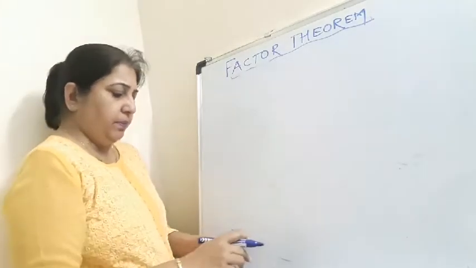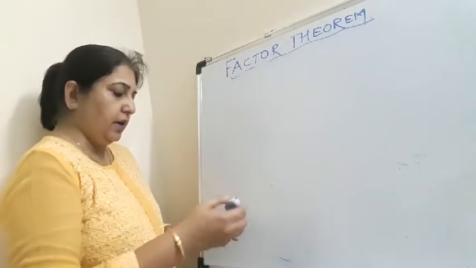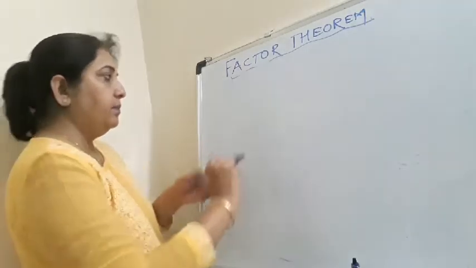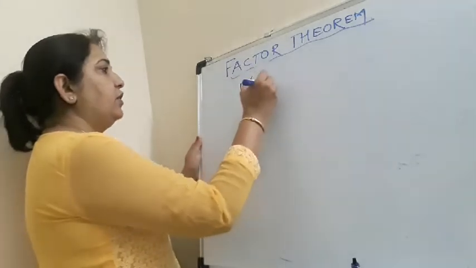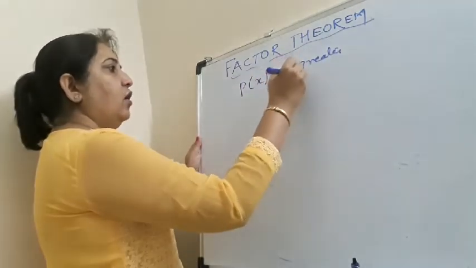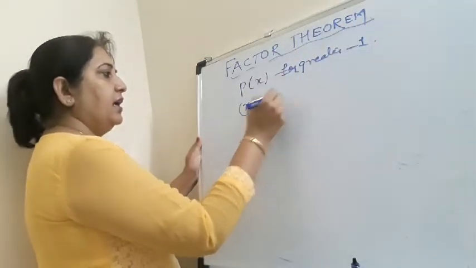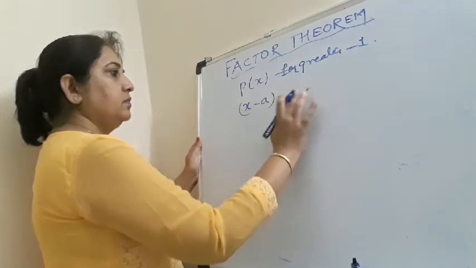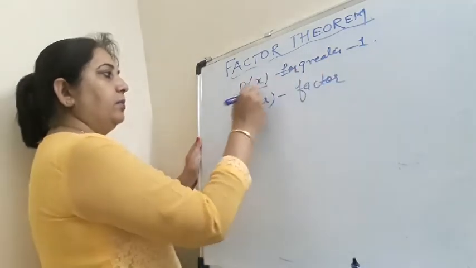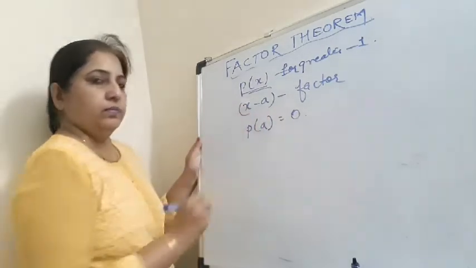If p(x) is a polynomial in x whose degree is 1 or greater than 1, and if x minus a is a factor of the given polynomial, then the remainder will be equal to 0.